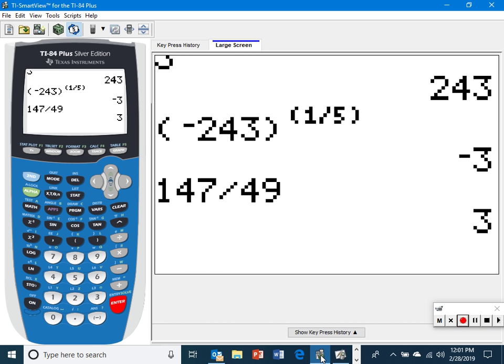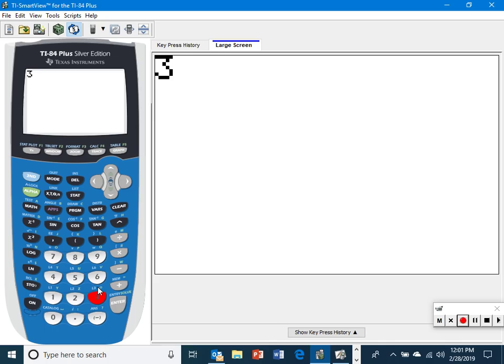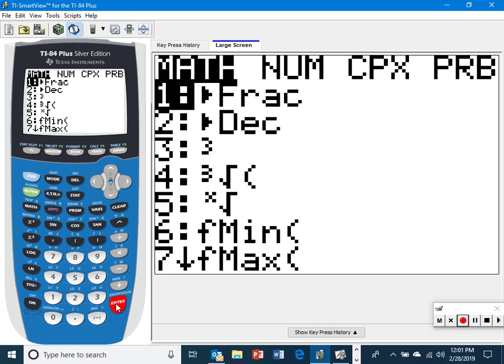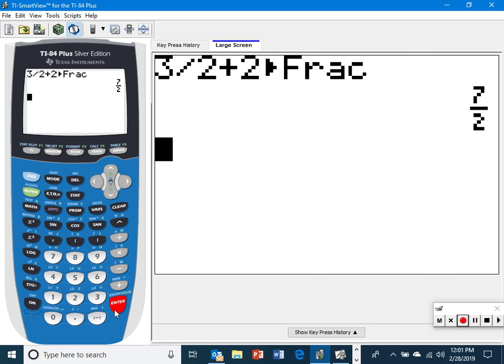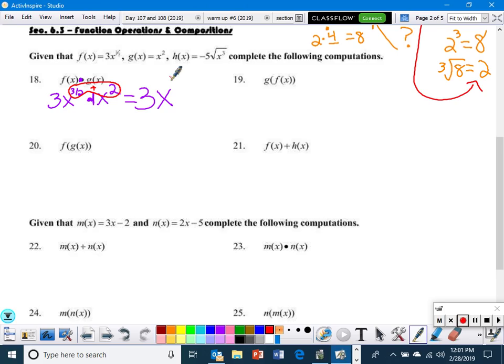So let's see. 3/2 plus 2 is 7 over 2. And that's our answer. So when we put those two together, we get 3x to the 7 over 2.